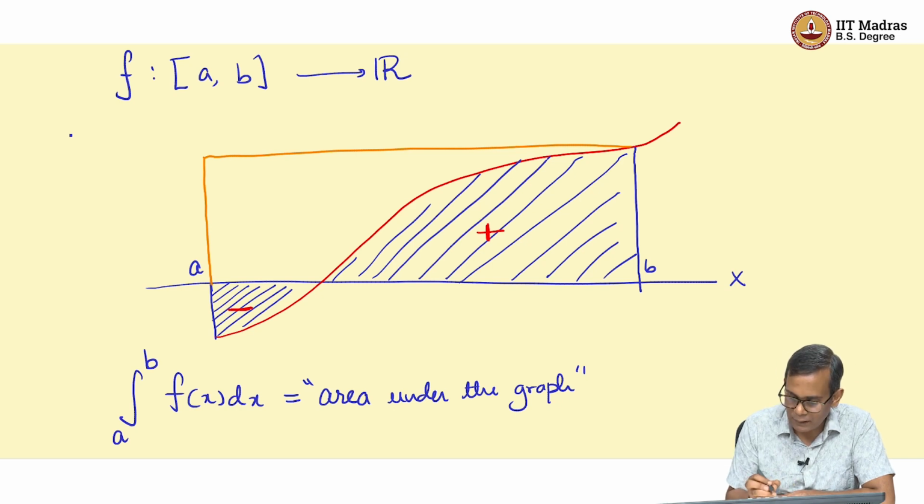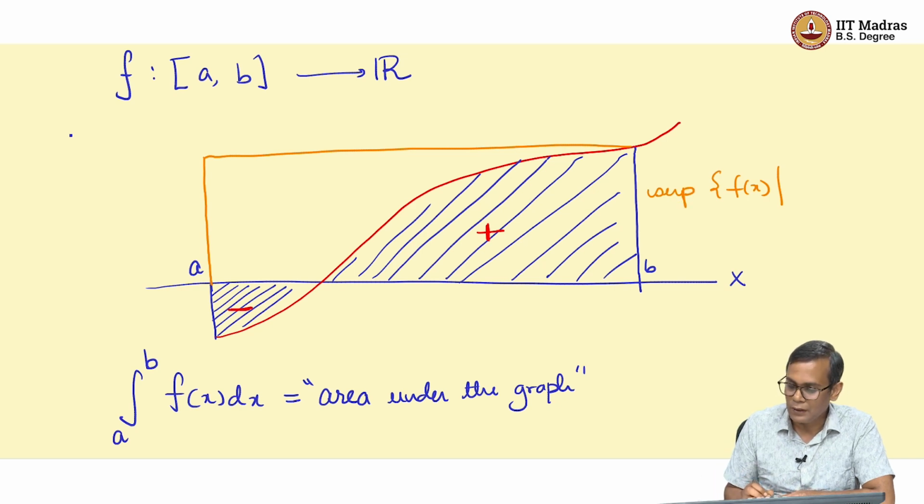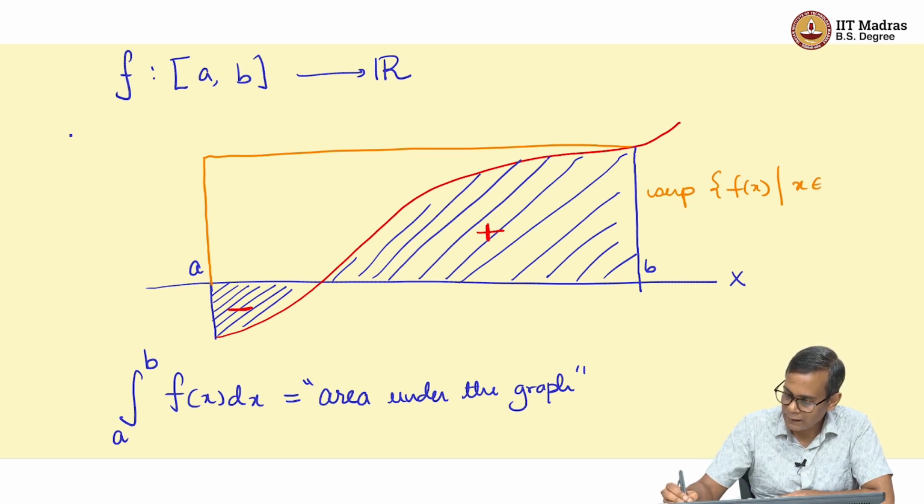What is the height of this rectangle? Well, it's the largest value of this function on the interval [a, b]. So the height of this rectangle is the maximum value of f(x). This function that I've drawn here is continuous, so it attains its maximum, but for a general function I should be careful: the supremum of f(x), x belongs to [a, b].